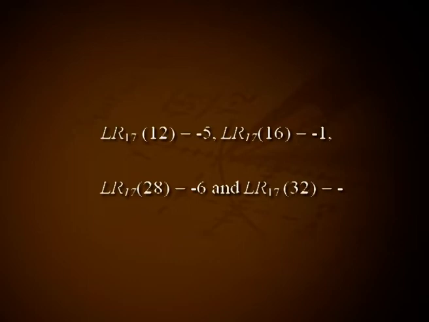Since LR_17(12) is equal to -5, LR_17(16) is equal to -1, LR_17(28) is equal to -6 and LR_17(32) is equal to -2. Therefore, by Gauss' lemma, (4/17) is equal to (-1) raised to 4, which is equal to 1.